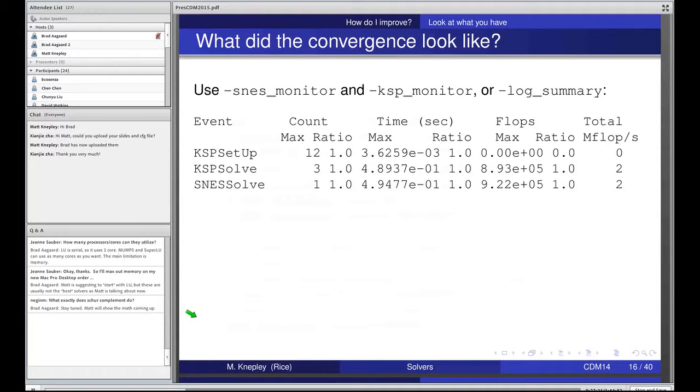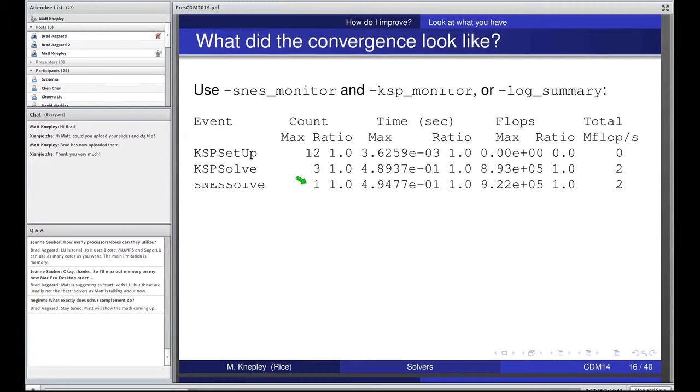And then the last thing that we can look at is the output of this log summary, which is going to show us things about the performance. So here we have a nonlinear solve, a linear solve, which is embedded in the nonlinear solve, and then a setup, which is probably the construction of a preconditioner, like the factorization of the matrix.